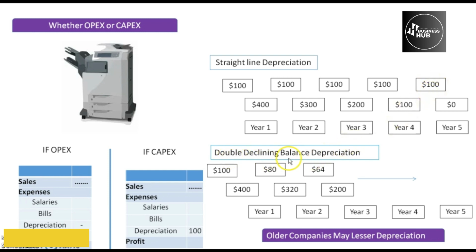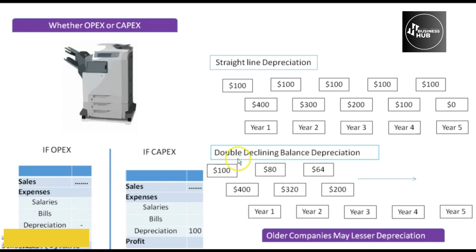Whereas in double declining balance depreciation, a fixed percentage of the value is subtracted. That is, you have purchased the machine for $500 and you are subtracting 20% of that at the end of the year. So the machine got depreciated by $100, and again 20% of 400 would be 80, and again 20% of 320 would be 64, so on and so forth.